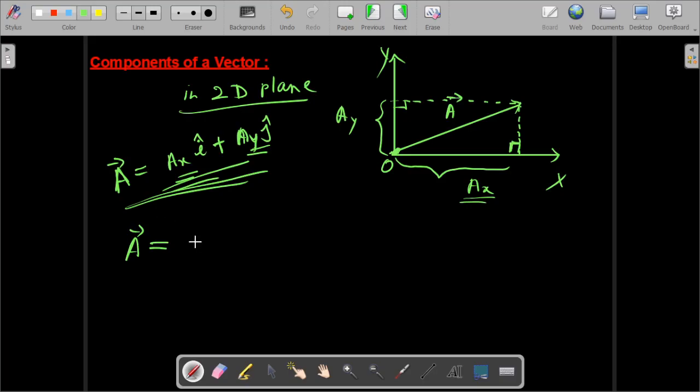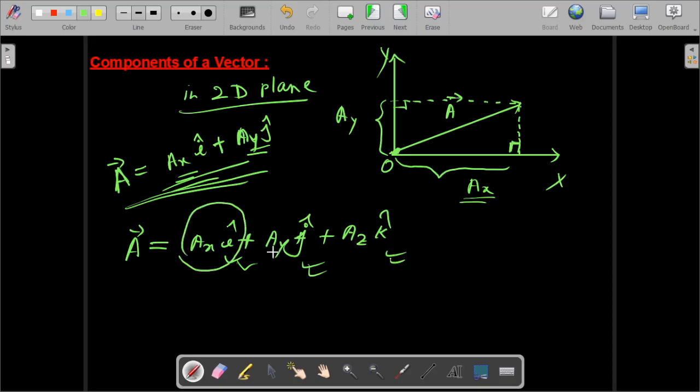Splitting it into three components, you can write it in this way: ax, ay, az. Understood? These directions are at 90 degrees to each other. That means these components are 90 degrees to each other.